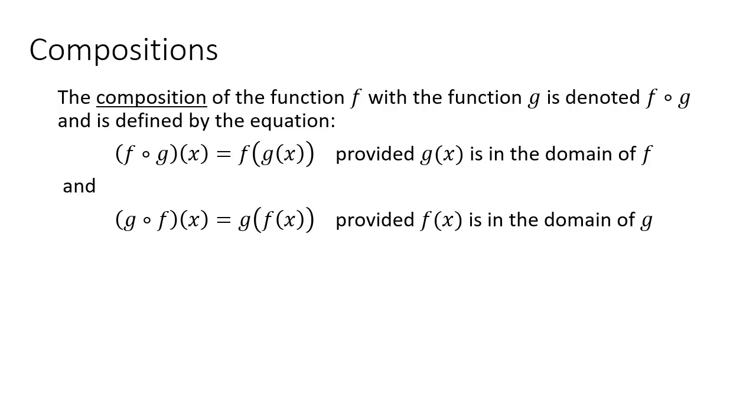We say that the composition of the function f with the function g is denoted f, then an open circle, then g, and this is read as f composed with g. And please do not mistake this open circle for multiplication. This is something altogether different.